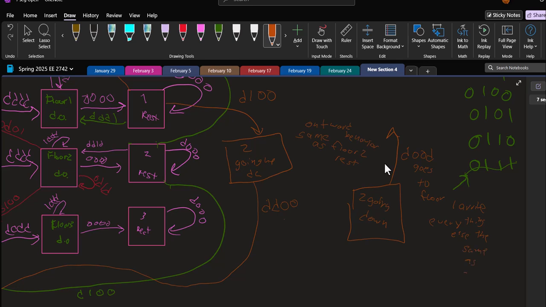So that arrow would go all the way over to floor 1 arrive. And I'm saying everything else would be the same as floor 2 at rest.